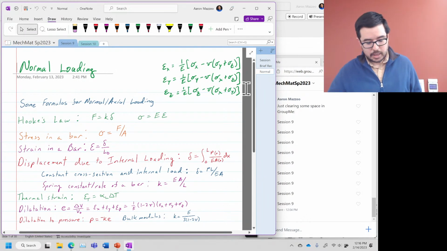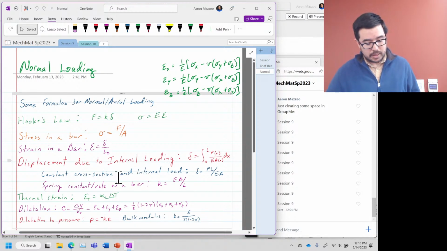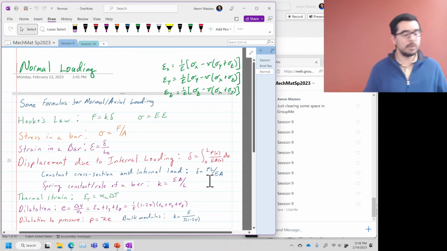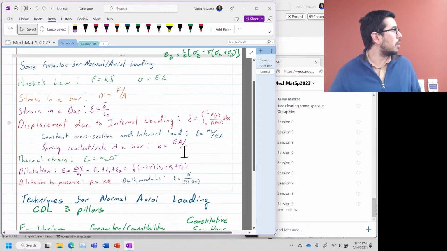So we've discussed Hooke's law, in terms of F equals K delta, in terms of sigma equals E epsilon. We've talked about stress in a bar. We've talked about strain in a bar. We've discussed displacement due to internal loading. We've discussed a general equation for the displacement at the end of a bar, and constants for springs in terms of their properties: a material property E, A, and L, the cross-sectional area and length. We've discussed thermal strain.